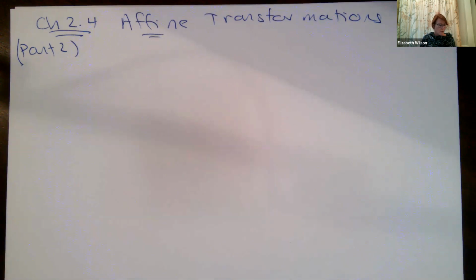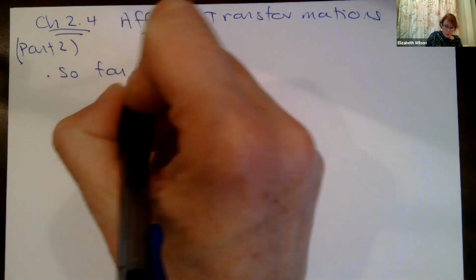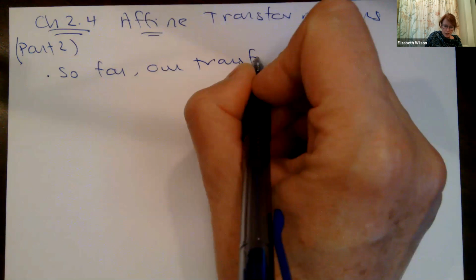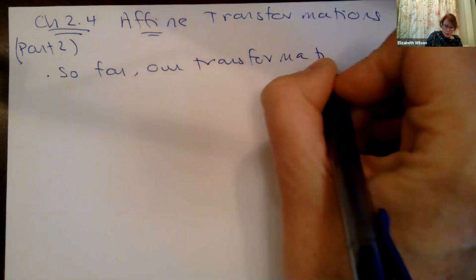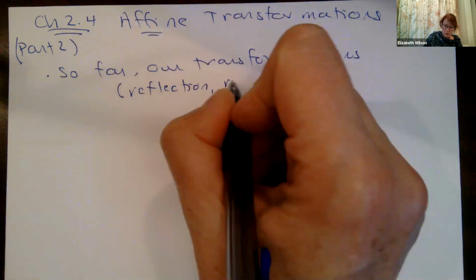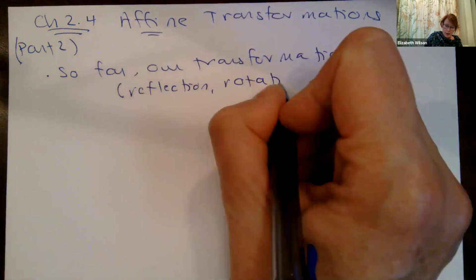But so far, we've been talking about all sorts of transformations, right? So far, our transformations, and when I say transformations, we're talking about reflections, rotations, projections, things like that, right?